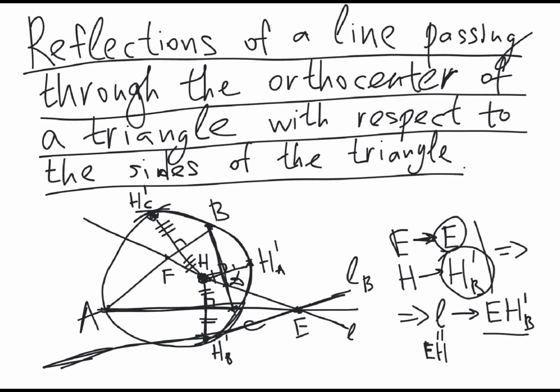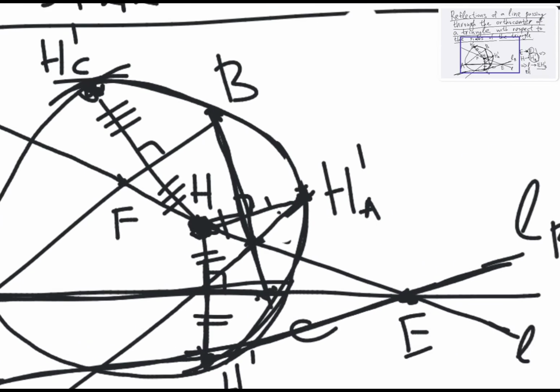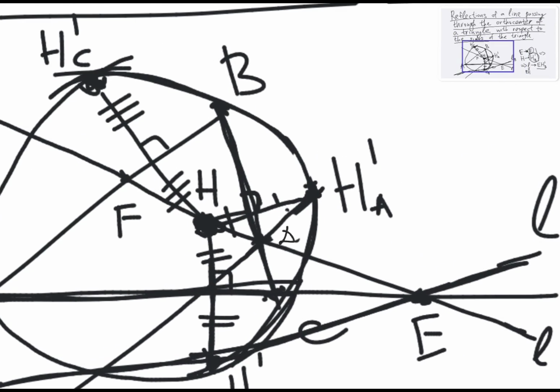So DHA prime is the reflection of the line L with respect to the side BC. So D is here.